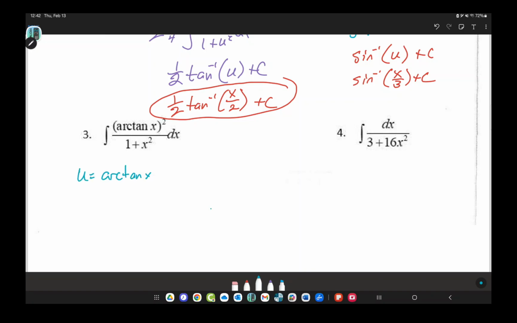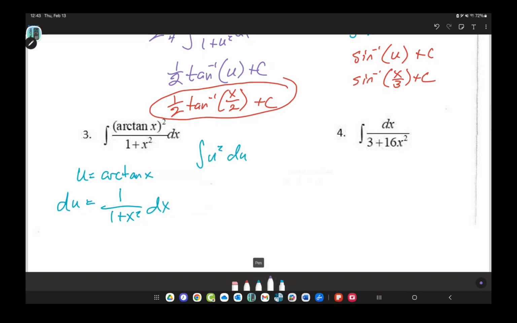Because what is the derivative of arctangent? And do we already have that? Yeah, we do. We end up with the integral of u squared du. A lot easier.